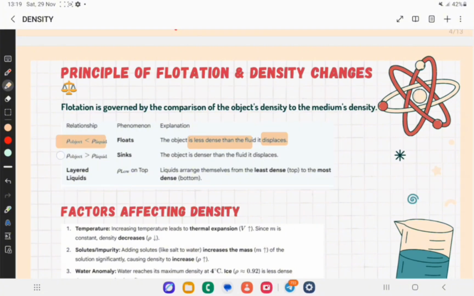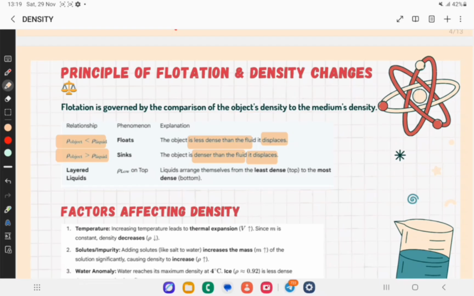When the density of the object is greater than the density of the liquid, the phenomenon is sinks, because the object is denser than the fluid it displaces.